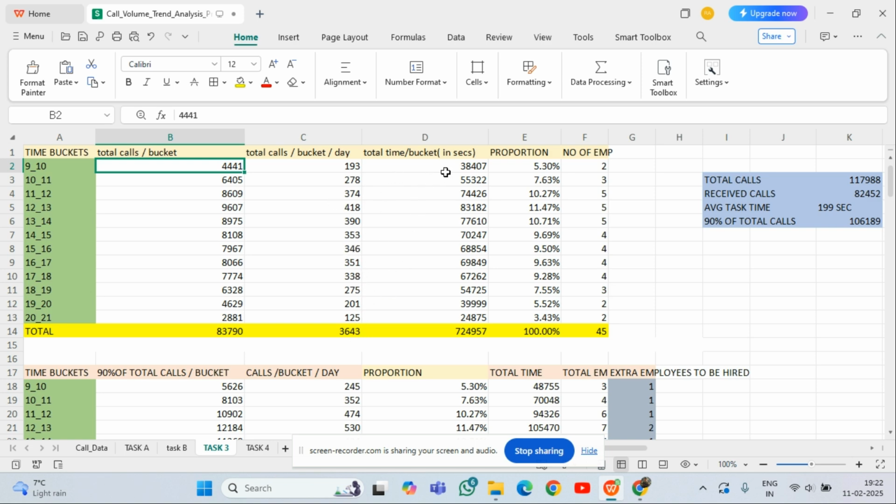Okay, so moving on to the time section, we'll have to calculate the total number of seconds required for the total task.